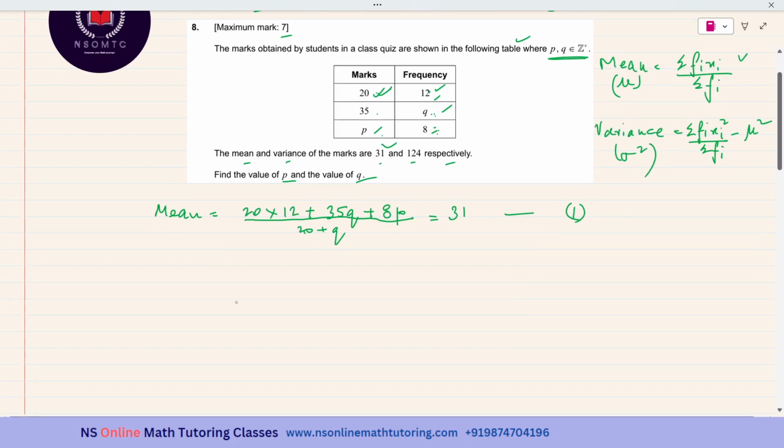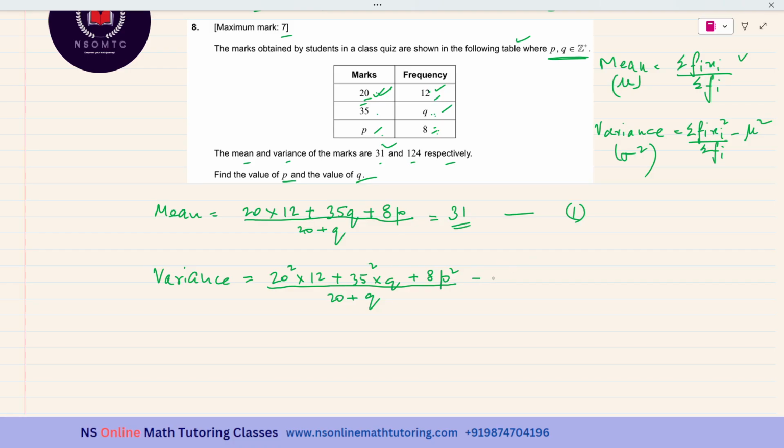And the equation number 2 is for the variance. It is Fi xi square, so we have to square the marks. So it is 20 squared times 12 plus 35 squared times q plus p squared times 8, so it is 8p squared, over sigma Fi, which is 20 plus q, minus mu square.